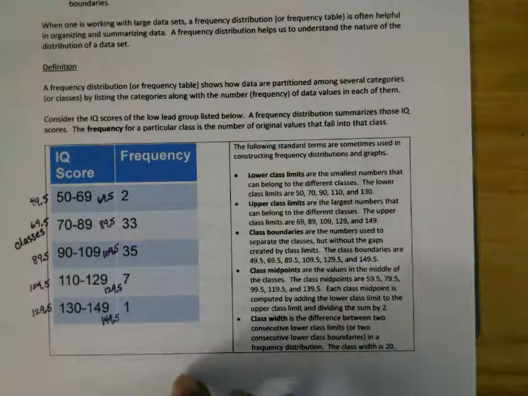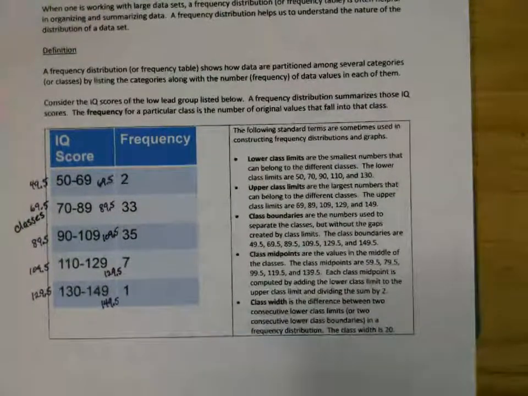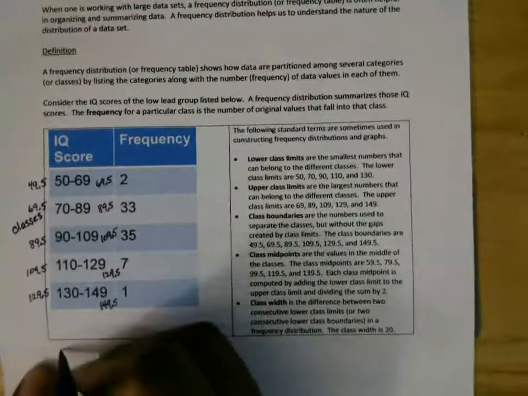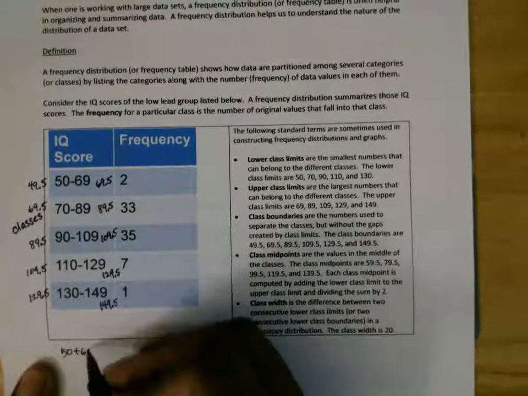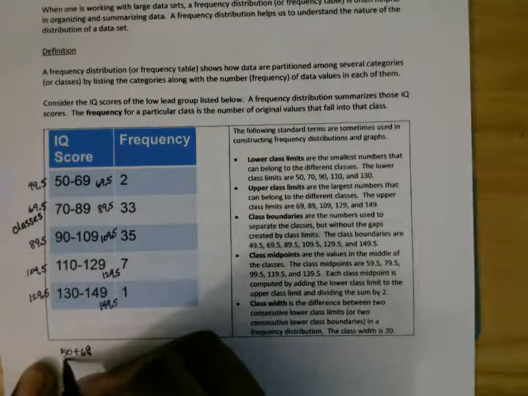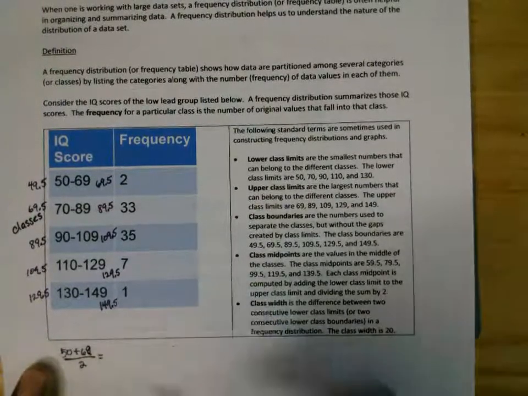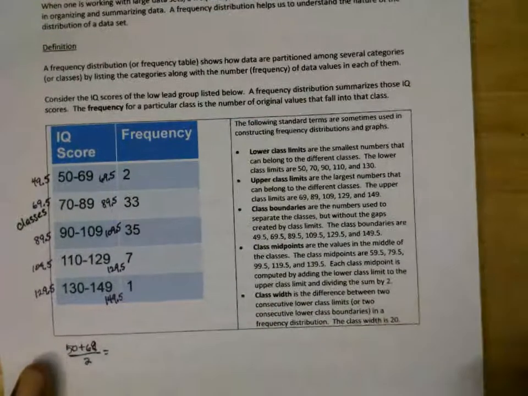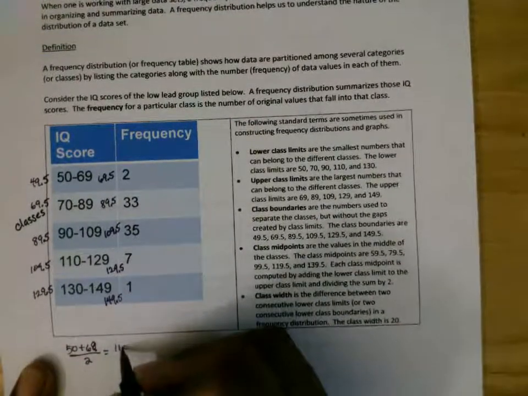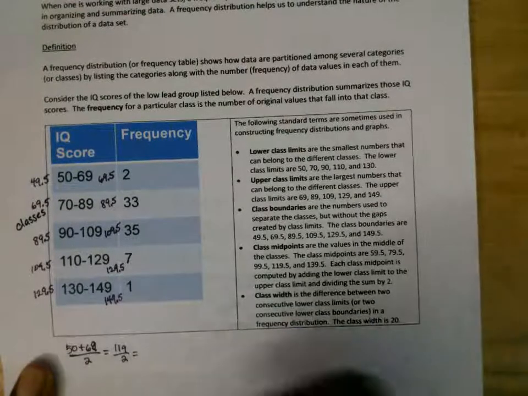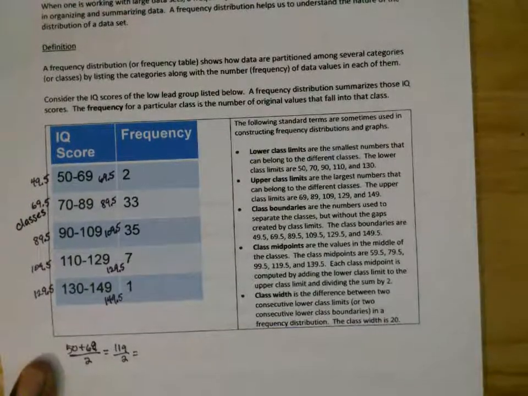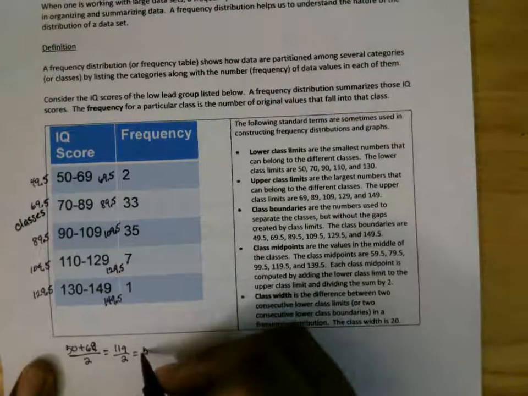So for 50 to 69, I'm going to take the 50 plus 69 and divide by 2. That would give me 119. And if I divide that by 2, that will give me 59.5.